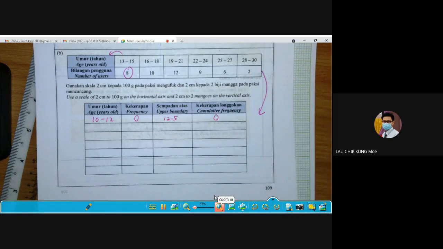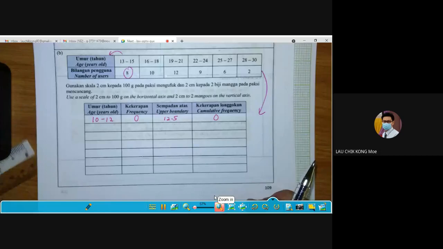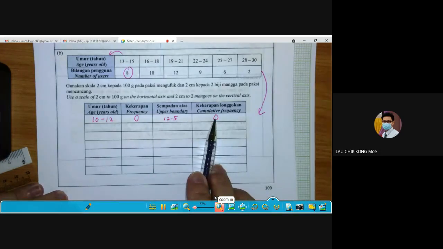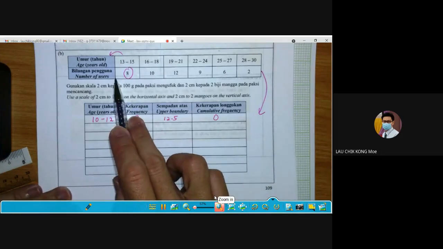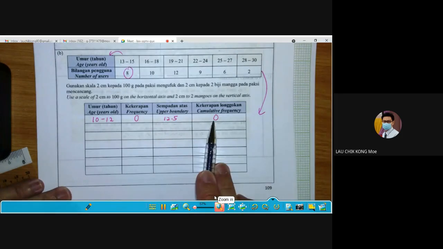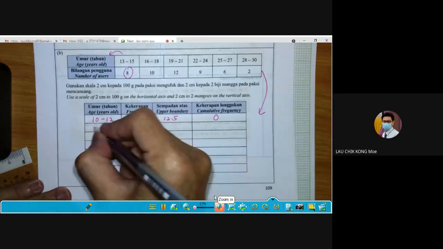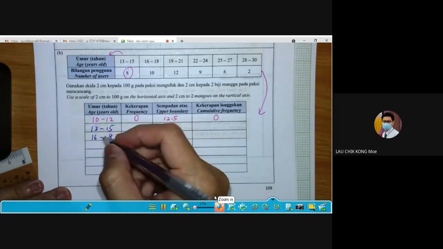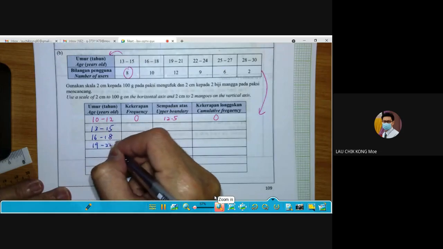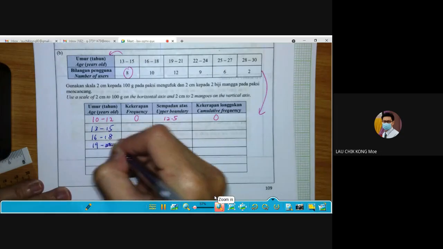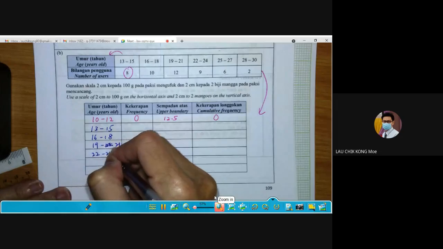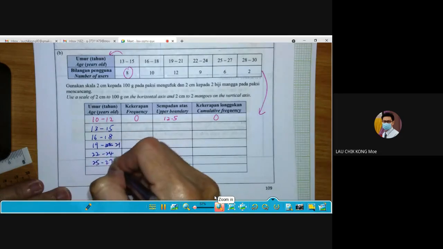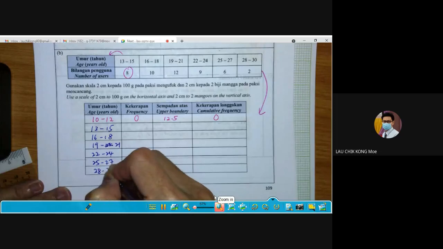This is the first class we need to add on ourselves. Kita perlu tambah sendiri sebab kita nak cumulative frequency start from 0. But di sini jadual tidak ada start from 0. So we need to add ourselves. And then after that, 13 to 15, 16 to 18, 19 to 21, 22 to 24, 25 to 27, 28 to 30.